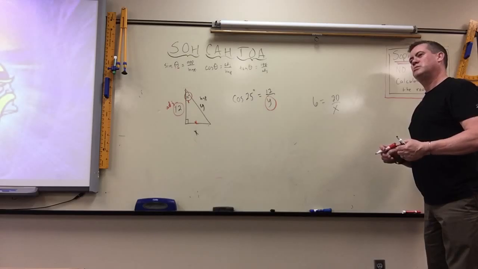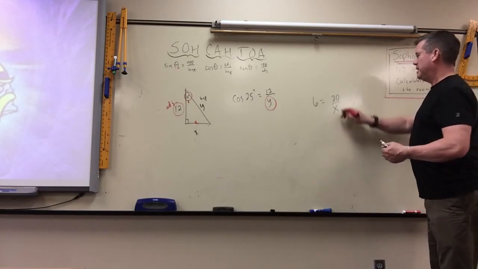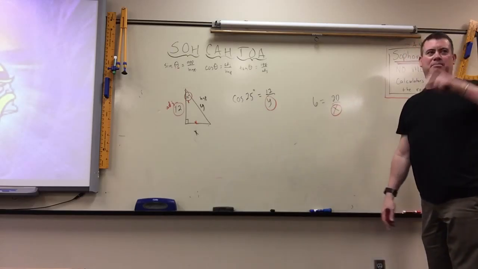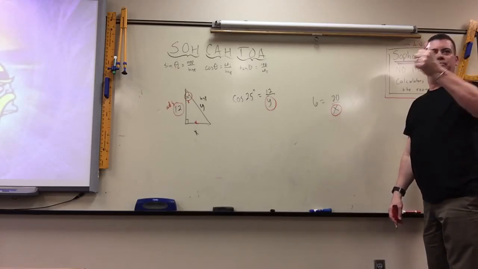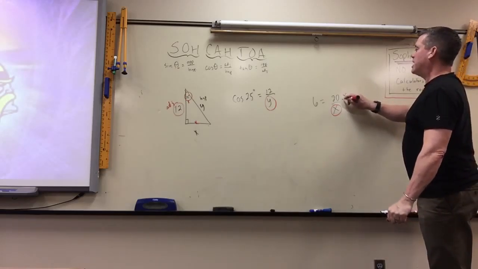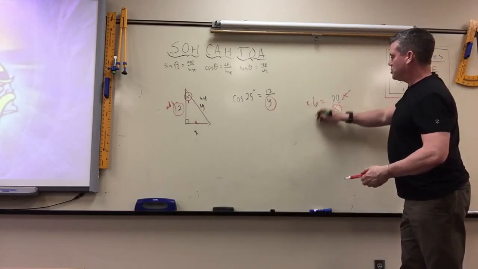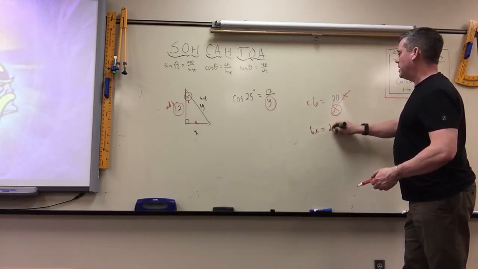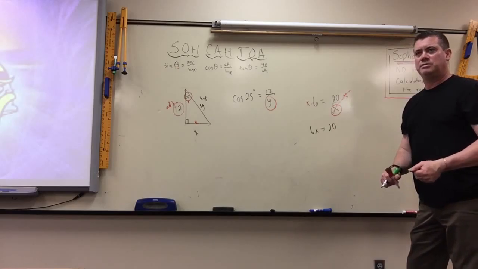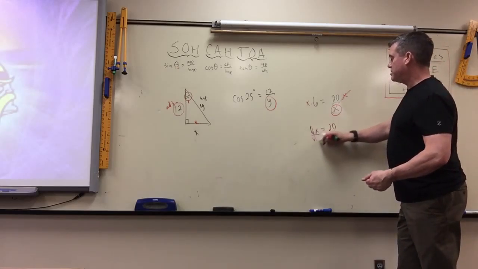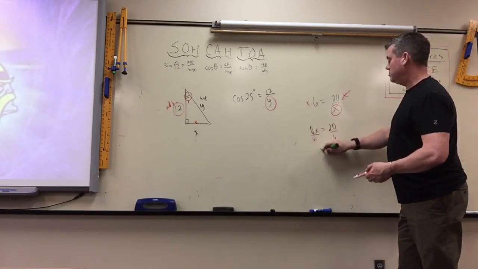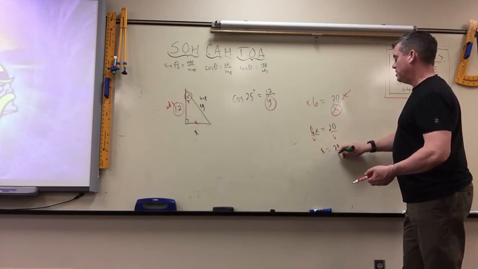The first thing, anytime the variable's on the bottom, you gotta get it to the top. So you take this times x and take this times x. So this would be 6x equals 20, and then you divide by 6. X equals 20 over 6.